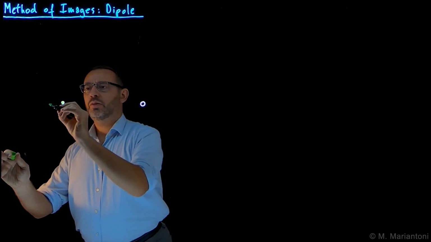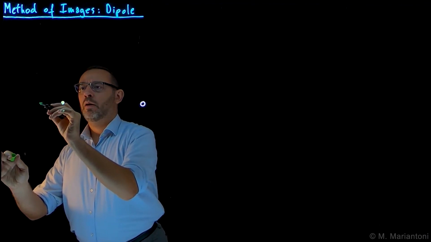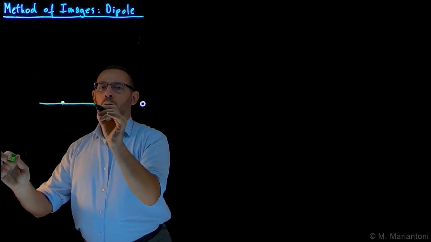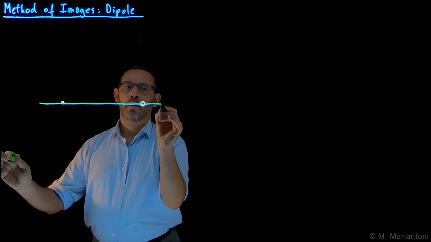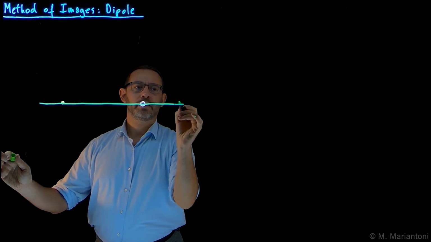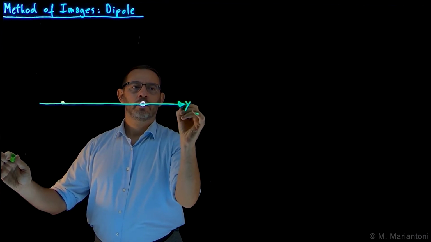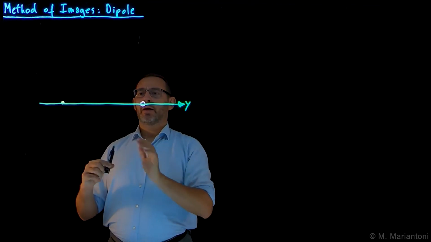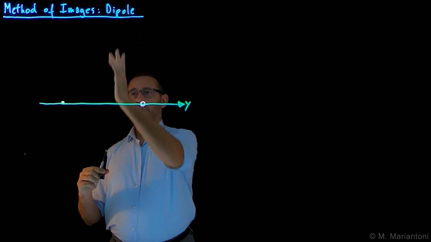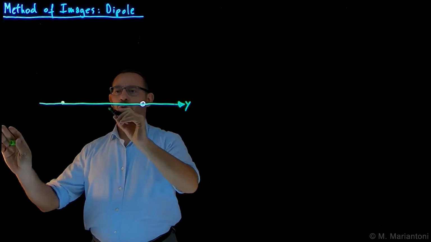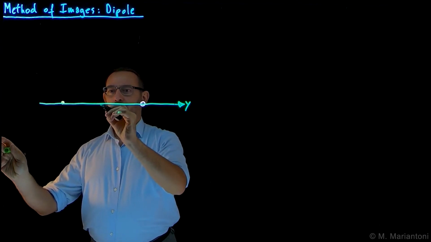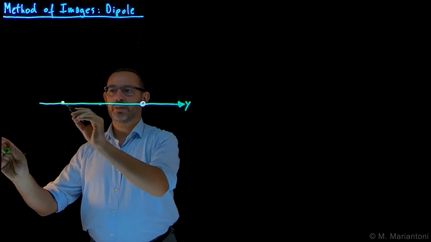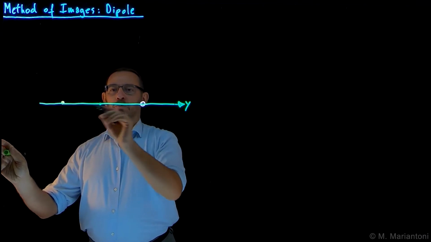So this is the y-axis. The x-axis points towards me, and the z-axis, let's say, is just normal here. The origin, we set it to be right here, which is the midpoint between these two charges.